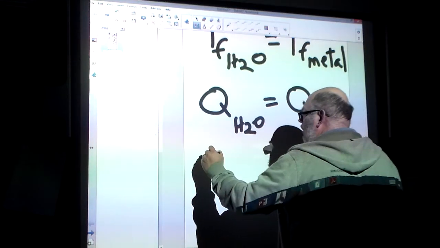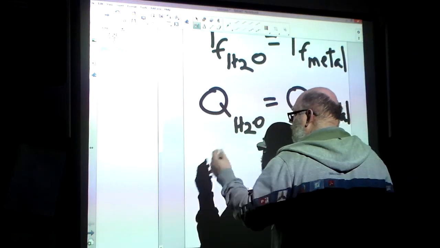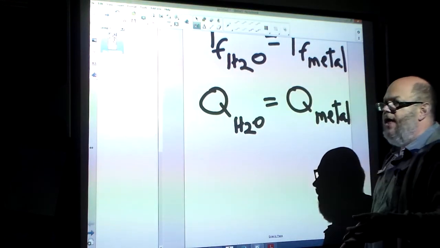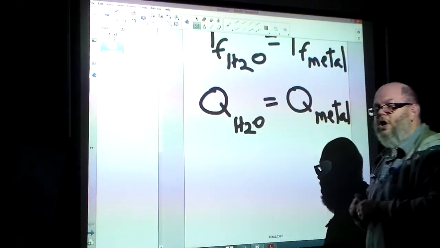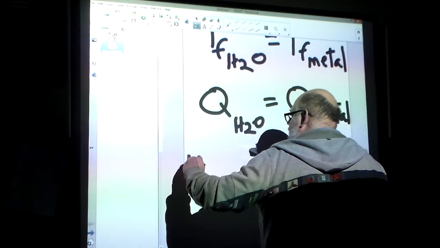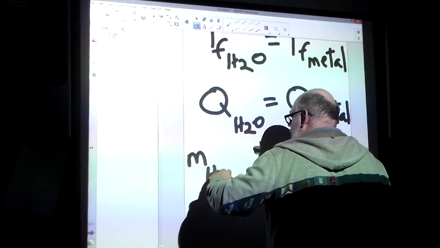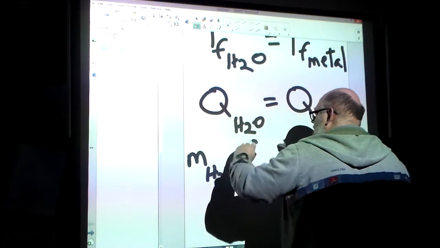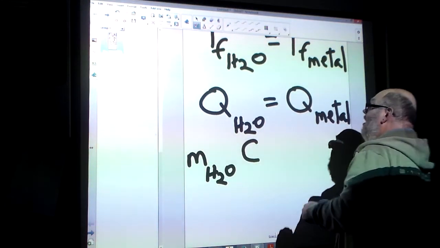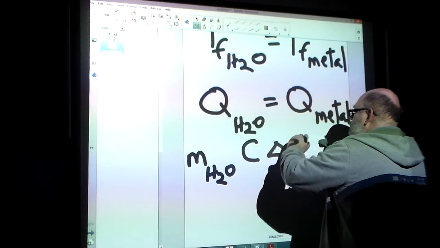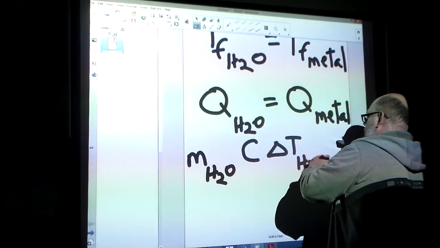So when we look at it, we're going to look at Q equals MCΔT. We know that. So then we're going to look if these Q's are equal to each other. We can turn around and say mass of the water times the specific heat of the water times the temperature change of the water.